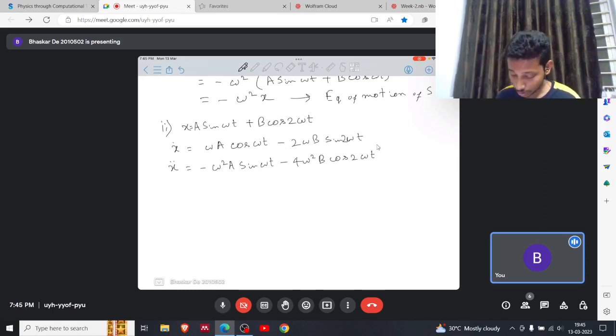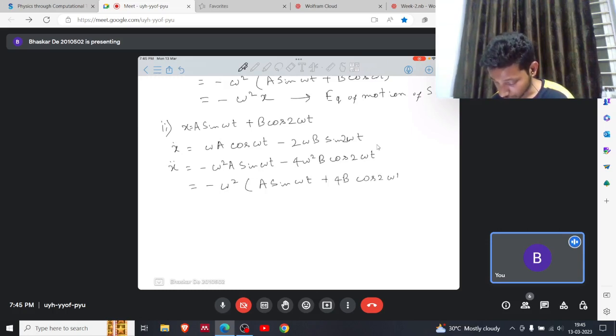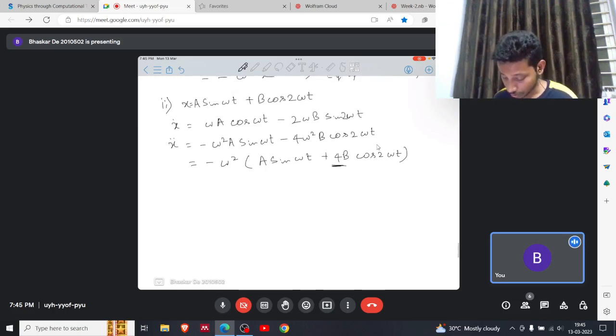So here you can see that even if we take minus omega square common, we are left with a sine omega t plus 4b cos 2 omega t. So this fourth term actually comes here, and we cannot write it as minus omega square x, so it is not SHM.